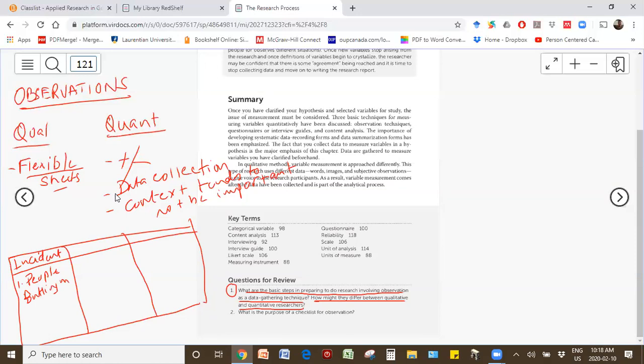You would probably describe a man butting in, and then you would have your own interpretation of the incident. It happened 10 times in the evening. You wouldn't count that in qualitative. You would have your interpretation. The man seemed like he was in a rush. He seemed a little bit drunk and he was upset and unhappy, so he butted in. So your own impressions of the incident.